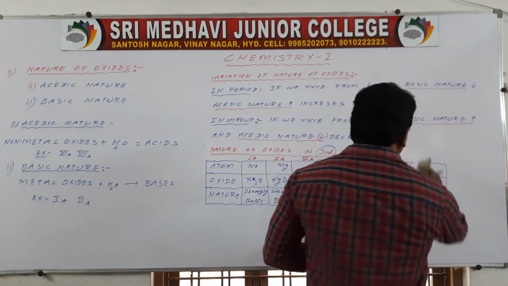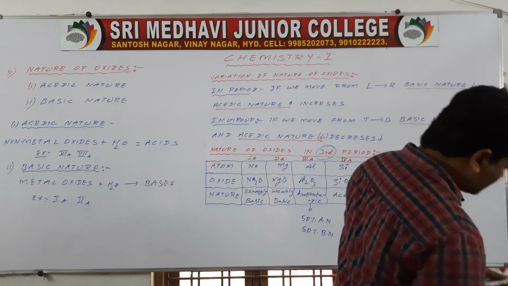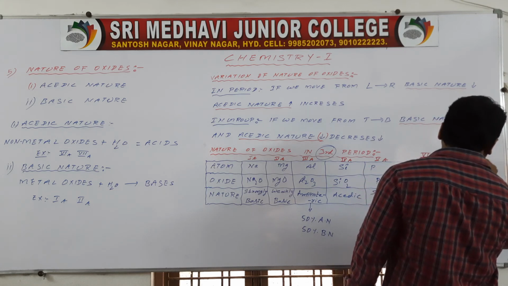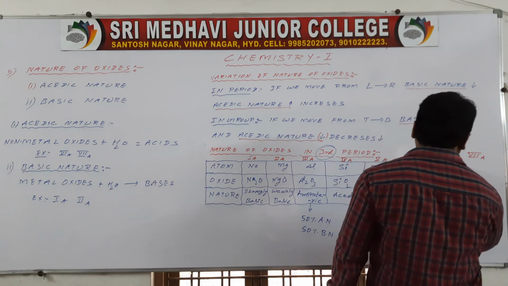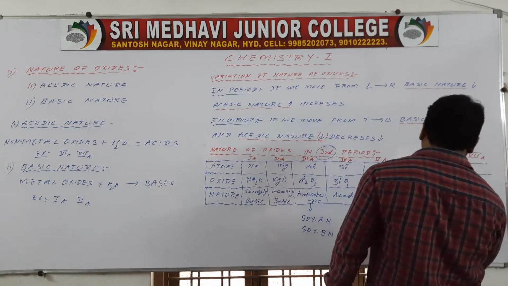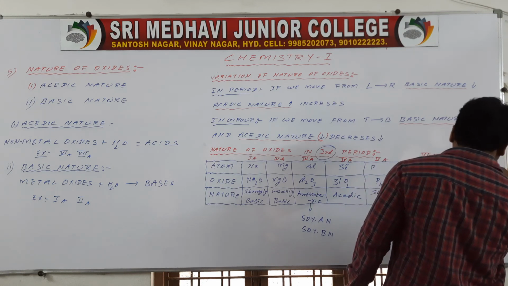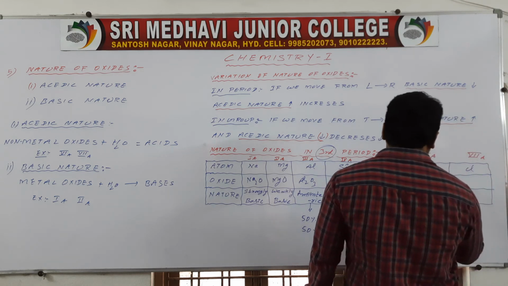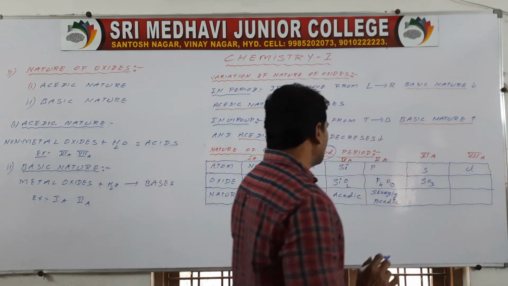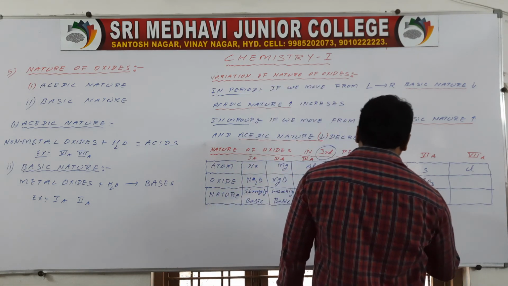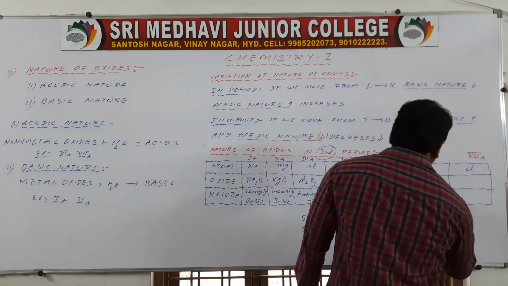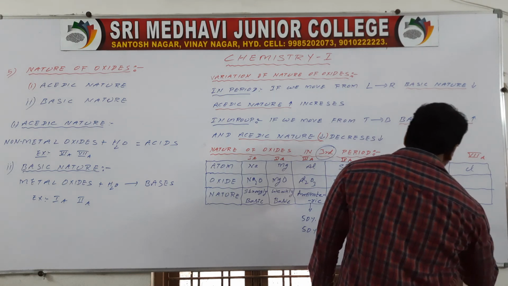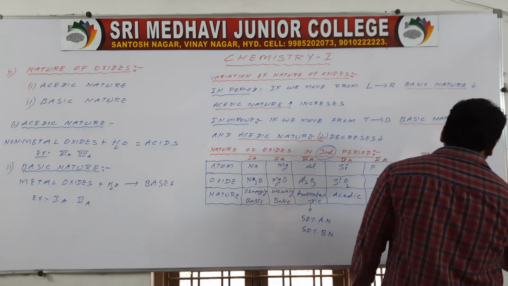Sulfur, 6th A, forms SO3, which is strongly acidic, and chlorine, 7th A, forms Cl2O7, which is strongly acidic.